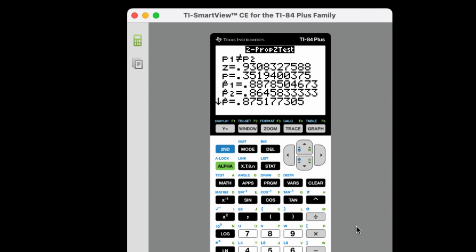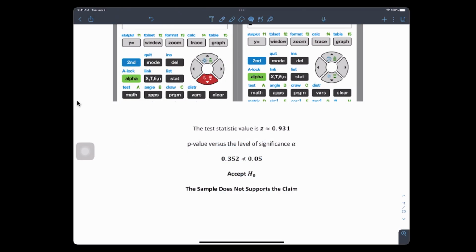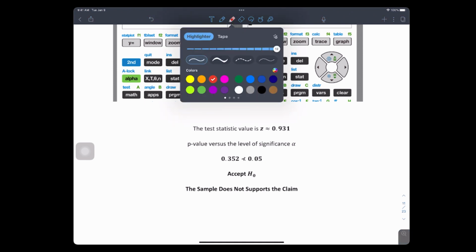Okay, let's verify this. What's your test statistic value, ladies and gentlemen, to the nearest thousandth, I guess? What is it? 0.931? What's your p-value? Is that 0.35? Is that what I have in the summary right here?